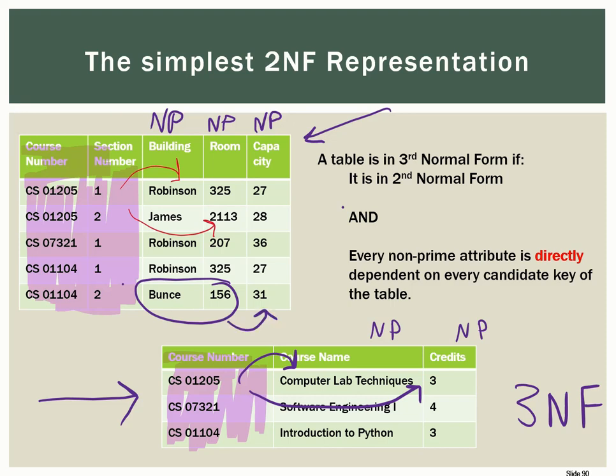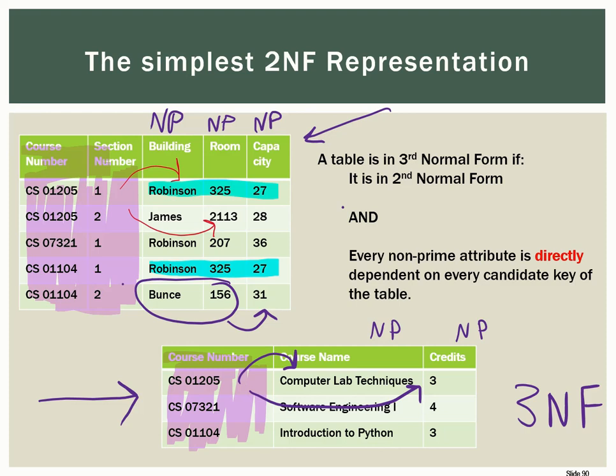So like we did previously, we're going to have to remove the non-prime attribute that is not directly dependent on the candidate key of this table. And again, that will reduce redundancy because, as you can see, we have Robinson 325 at capacity 27 once, and we have Robinson 325 at capacity 27 twice.